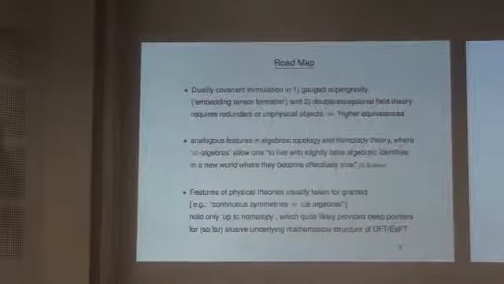And this is a quote by my colleague at Stony Brook, Dennis Sullivan. So in this context, these infinity algebras that I'm going to introduce are very natural because they allow us to live with slightly false algebraic identities in a new world where they become effectively true.